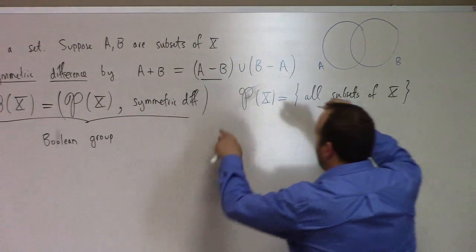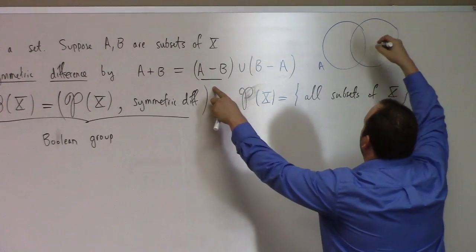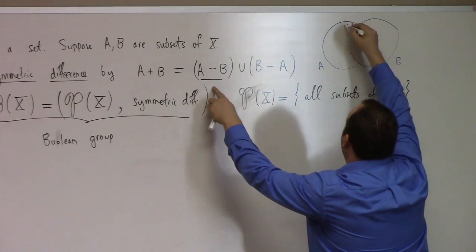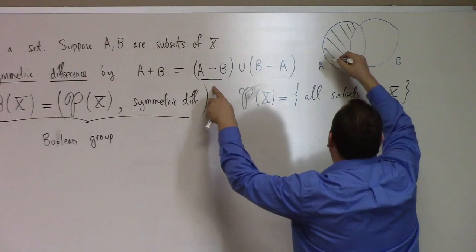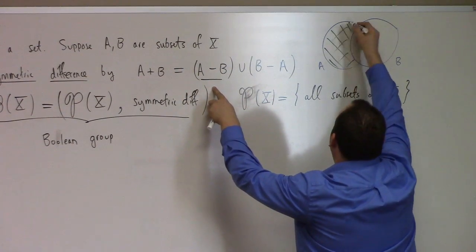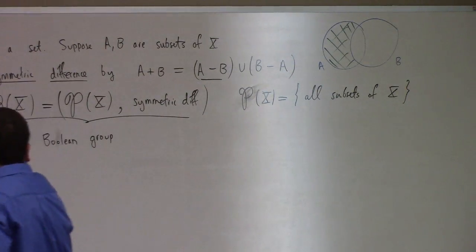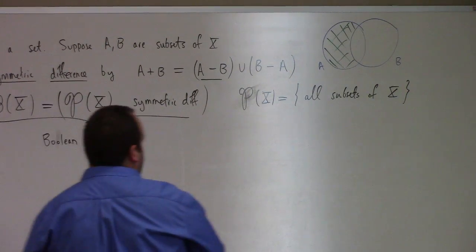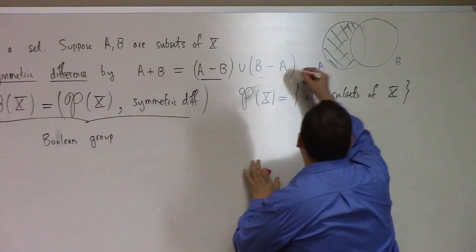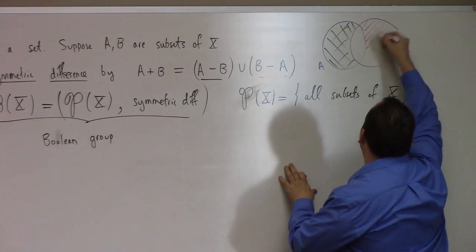A removing B is what? It's this piece, right? And then what is B with A removed? That's the other piece here, right? That's this guy.